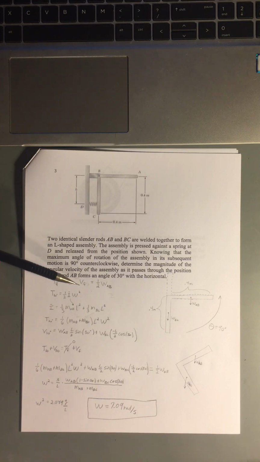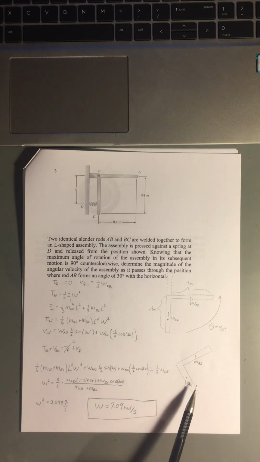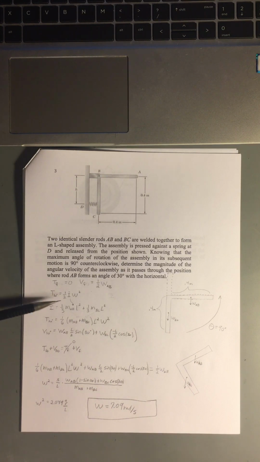And so we can write this equation for the potential energy at that point. And so that will be one side of our equation. For the other side of our equation, we need to know the potential and kinetic energy at this 30-degree angle, which I just called T30 and V30. And so we know that T30 will have to be 1/2 I omega squared.